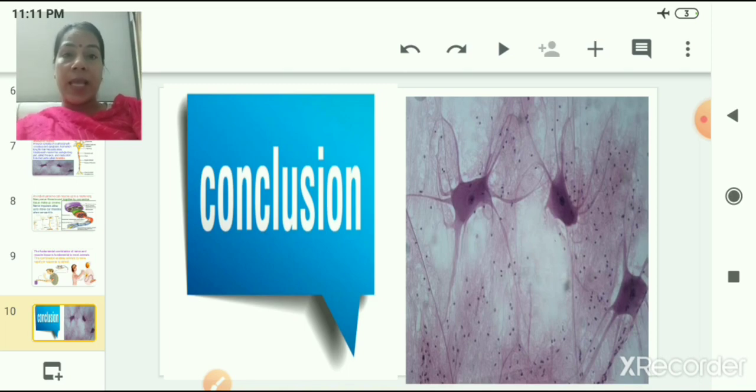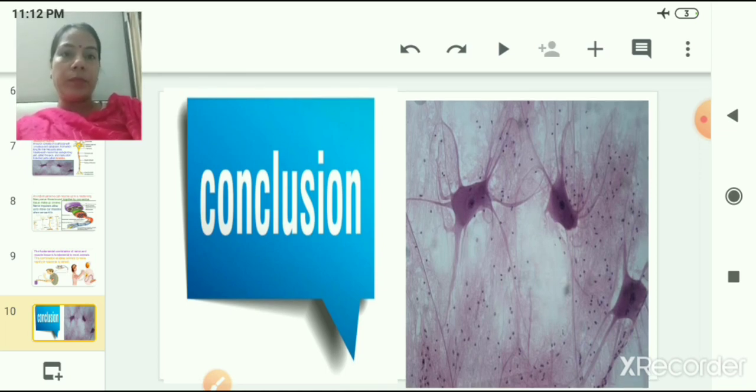This axon has an axon terminal with a knob-like structure, and these dendrites and the terminal axon knob help in transmission of nerve impulses from one neuron to another, and thus the response generated in our body is very fast and quick.